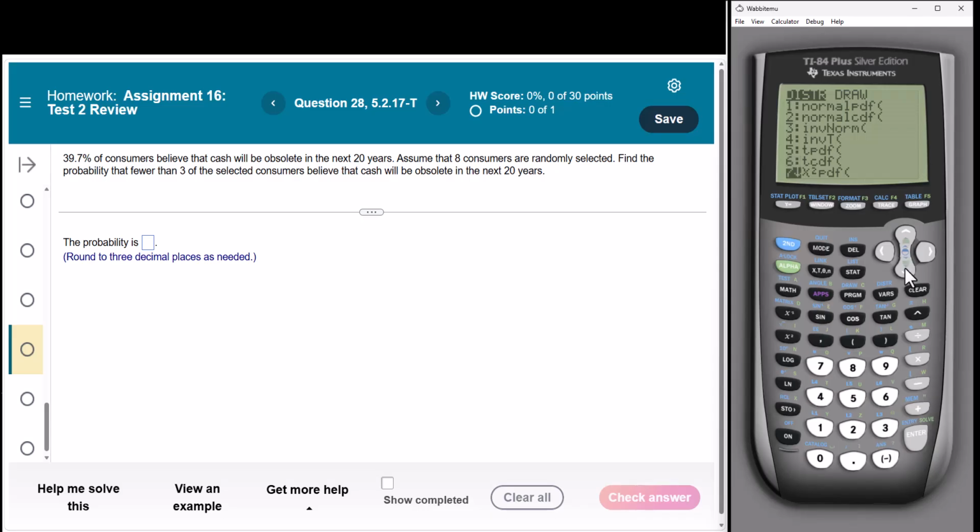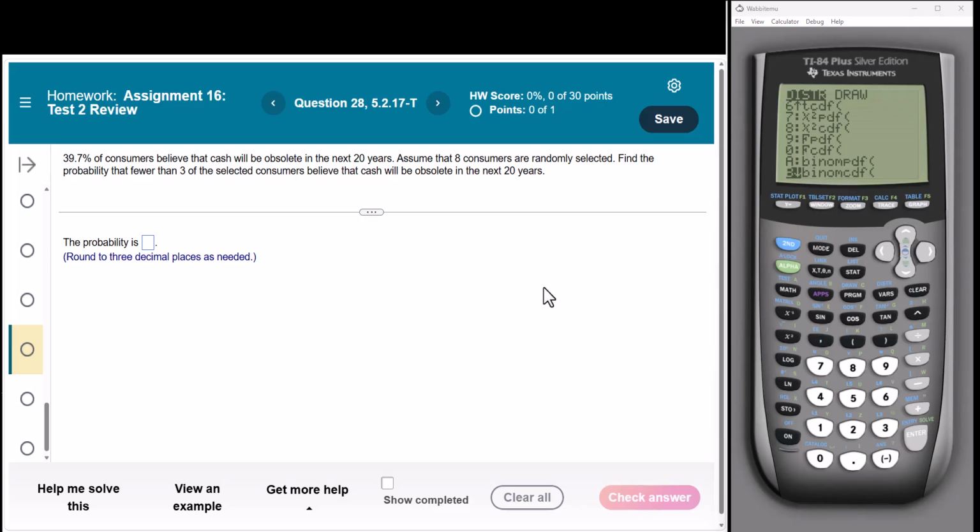For this type of problem, we don't use PDF. Notice we have two. We have BinomPDF, the binomial probability distribution function, or we have BinomCDF, which is the binomial cumulative distribution function.